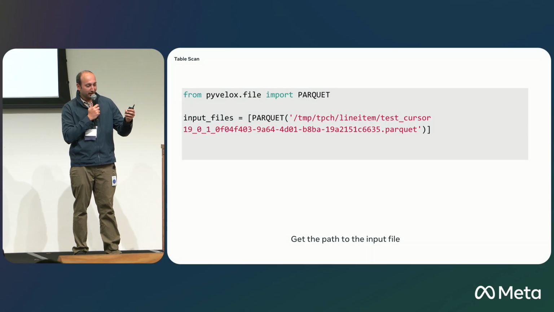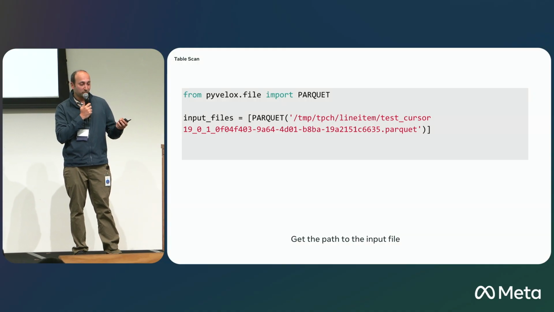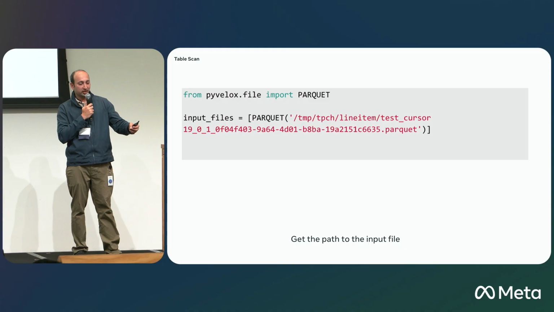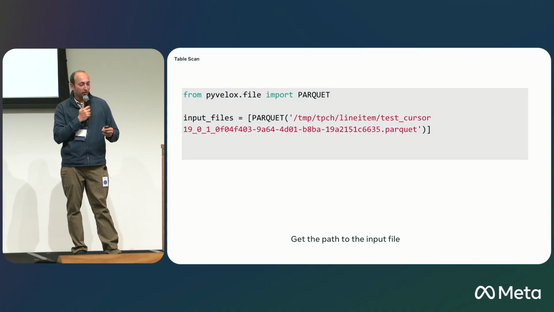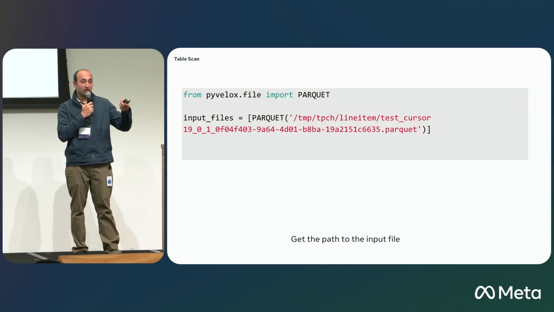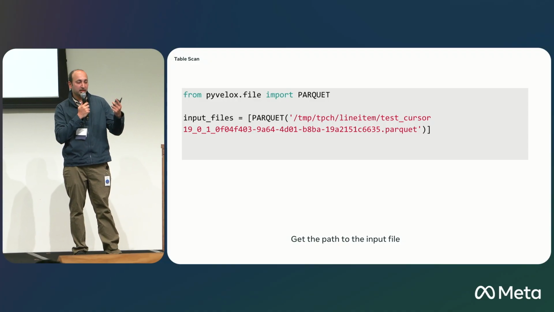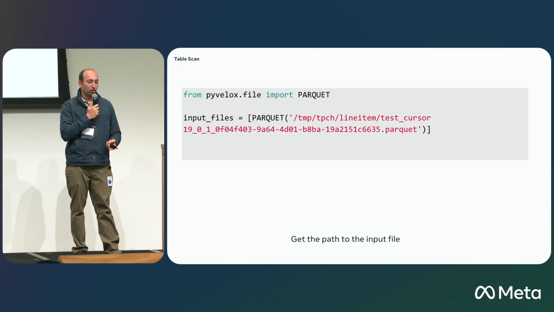The next thing is what's the file we are going to use. In this case, split. I pre-generated this TPC-H scale 1 lineitem table and wrote it out as Parquet. It's pretty straightforward. PyVelox also contains the TPC-H connector generator, so you can use that to generate the files you're interested in at any scale factor. So you can play around with that too.